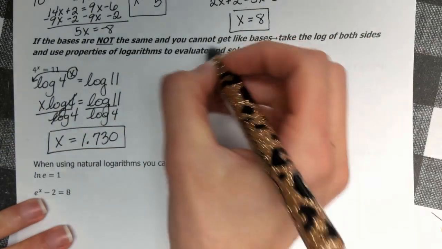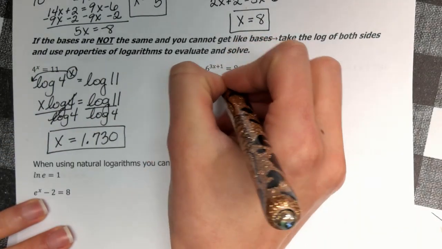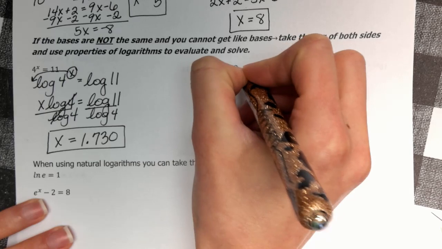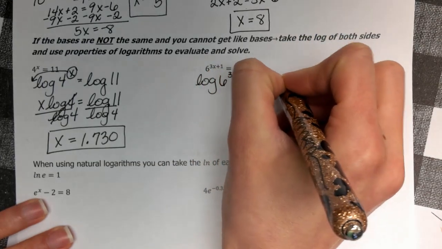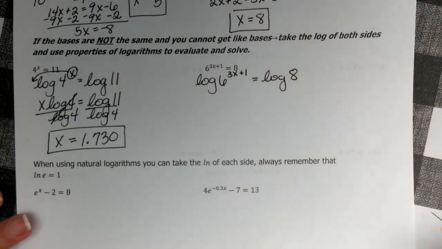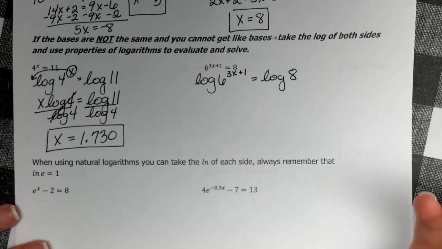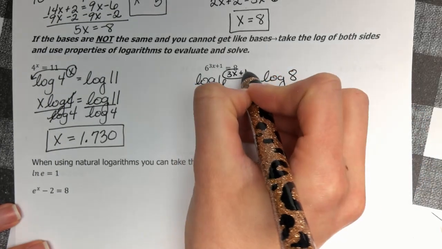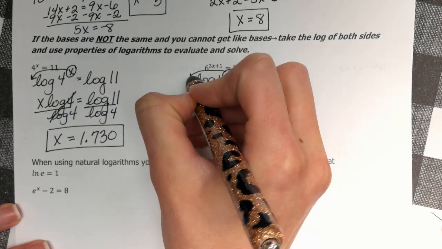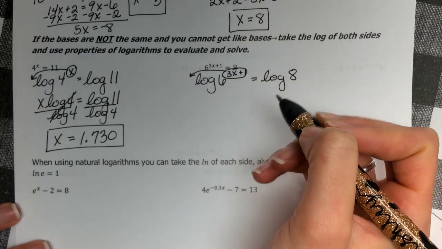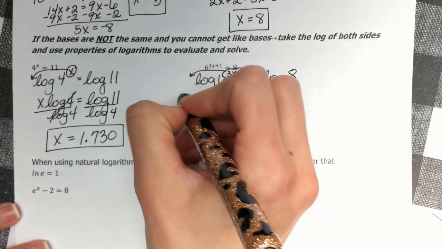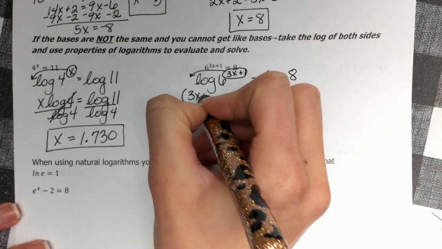But here, I don't have that, so I'm just going to take the log of 6 raised to the 3x plus 1 power equals the log of 8. So then I can bring the entire 3x plus 1 forward. When you have a binomial as your exponent, you need to put that in parentheses when you bring it forward.